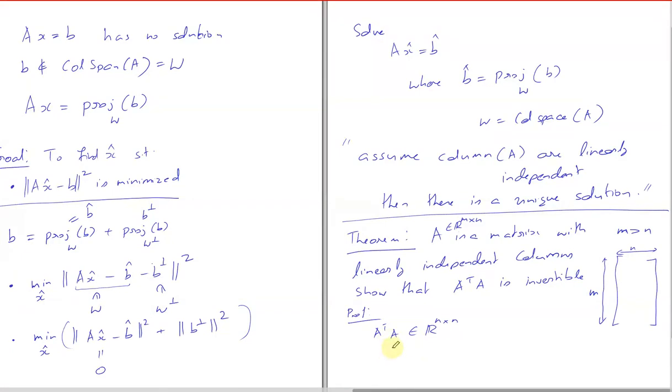Sorry, could you repeat that? I didn't follow. A consists of linearly independent columns, right? So A transpose A is ultimately a linear combination of those columns.